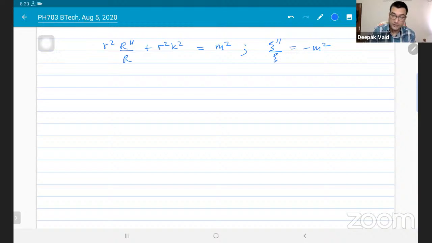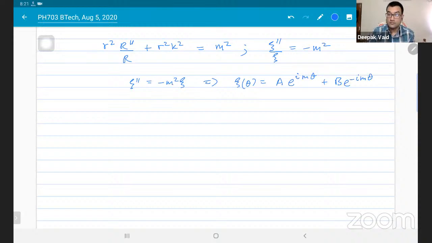The angle one, the axial one, is easier, because this is just the harmonic oscillator.